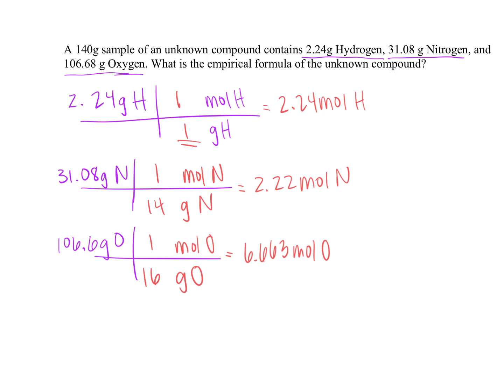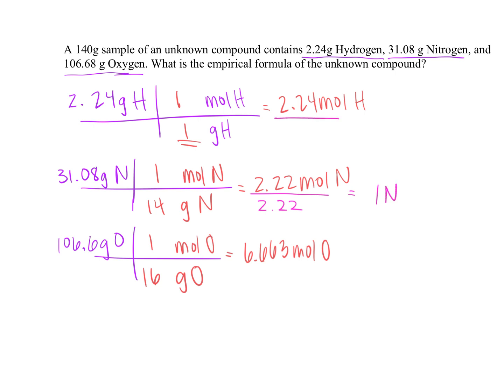Now look at your process and see what's my next step supposed to be. What's my next step going to be? Divide each element by the smallest number of moles. Which one of these gives me the smallest number of moles? Nitrogen. Okay, so I'm going to take that one divided by itself, which would mean I have 1 nitrogen atom.